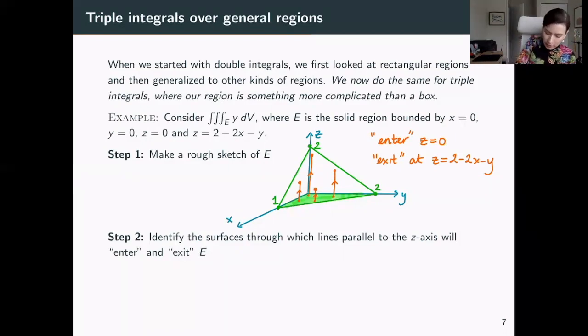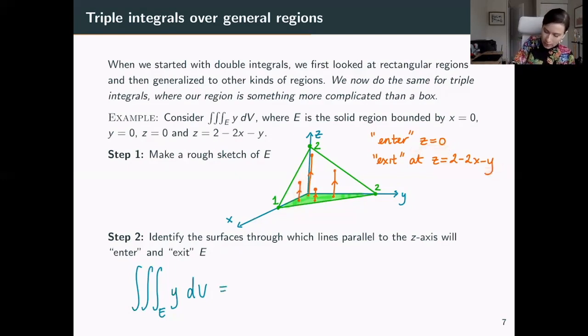This helps us out because remember, we're trying to evaluate the triple integral over this region E of y dV. We know that this dV is going to be in terms of our changes in x, y, and z. And here we can see that the first variable that we're going to be integrating over is z. I'm looking at how my z is changing, and it's changing from 0 to 2 minus 2x minus y.